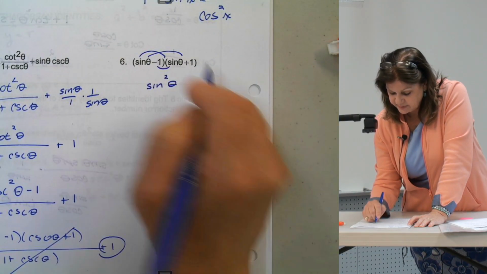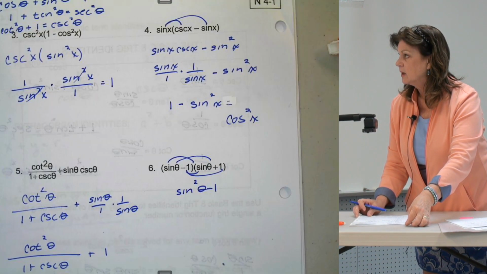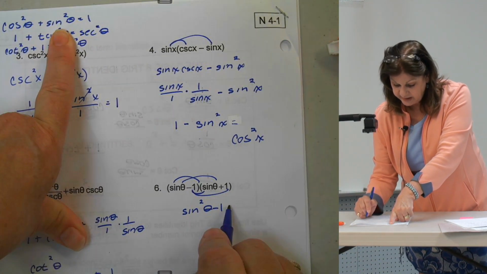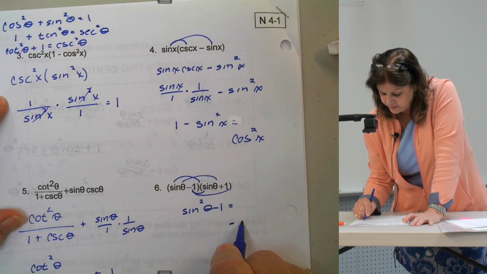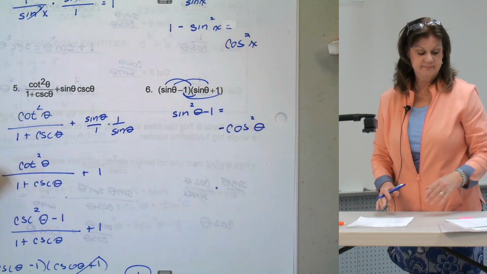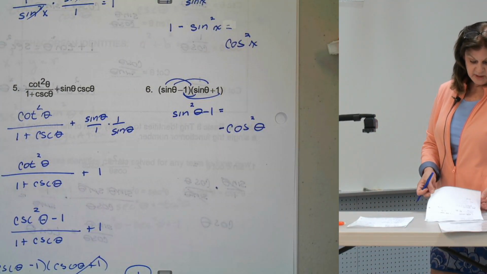Plus, minus, they disappear, minus 1. Sine squared theta minus 1 is, or can be written as, be careful here, negative cosine squared theta. And there's my answer. Okay.